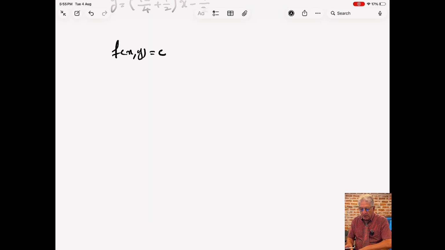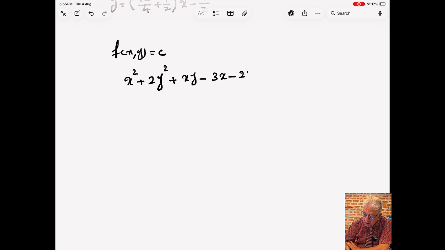Now, I will give an example. Suppose x squared plus 2y squared plus xy minus 3x minus 2y equals 7.